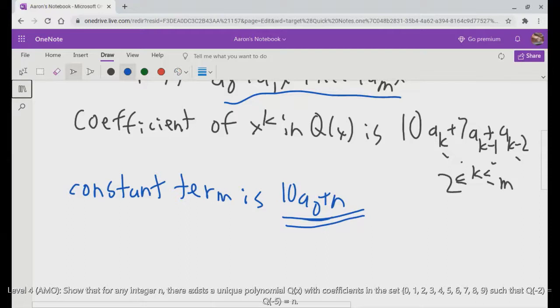Because the number must be in the range of 0 through 9, there is only one value of a0 that works. So that means that n creates a unique a0, and similarly a1 is unique for similar reasons.